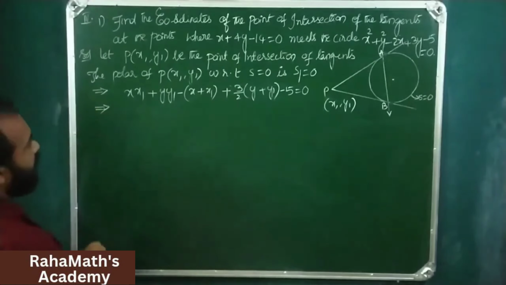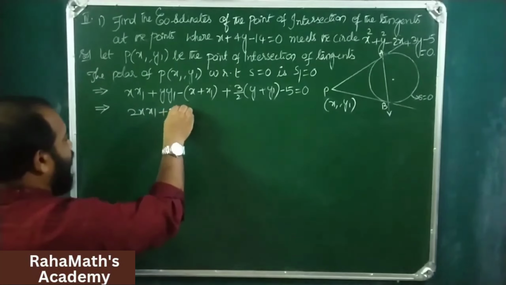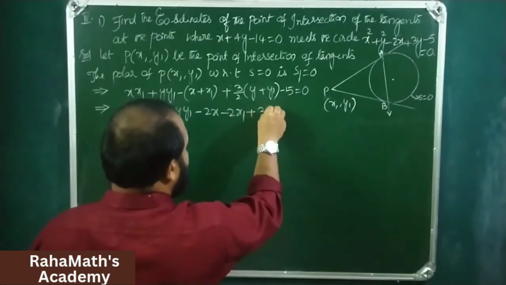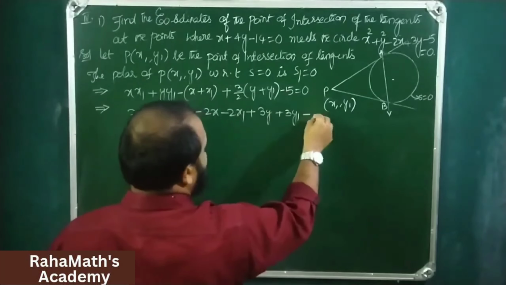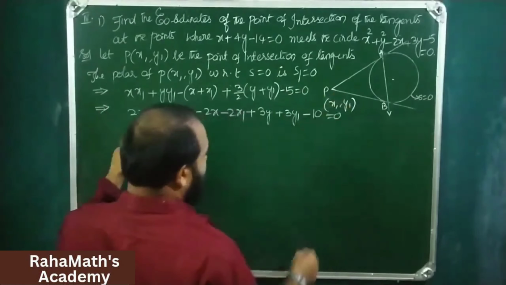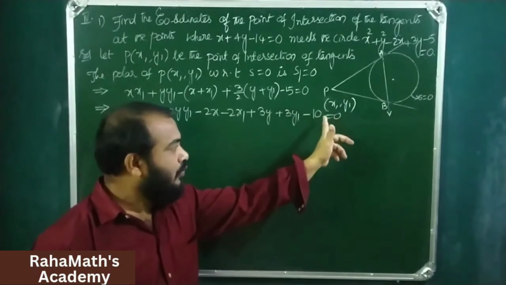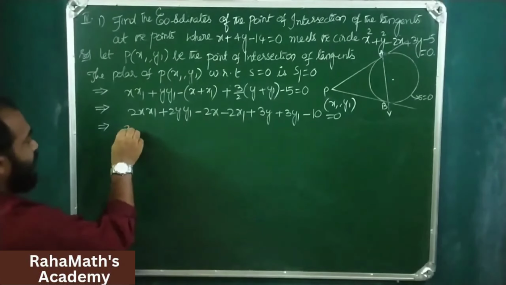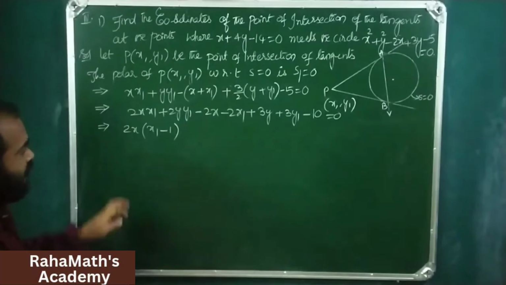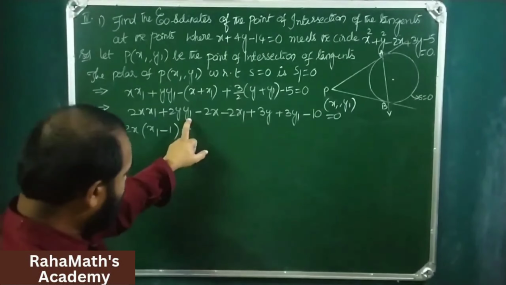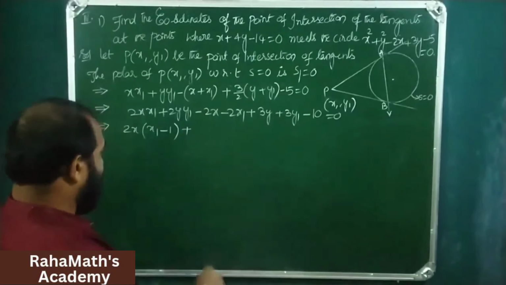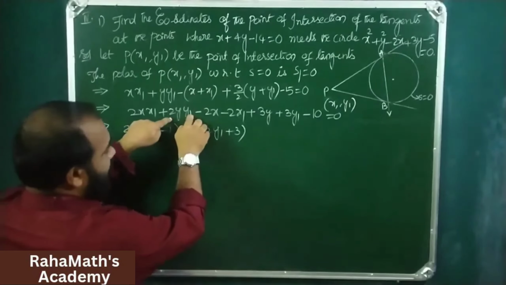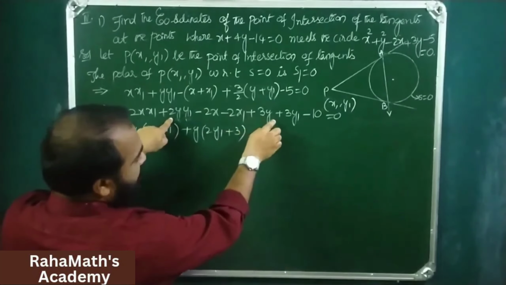Let us take an LCM. So 2xx1 plus 2yy1 minus 2x minus 2x1 plus 3y plus 3y1 minus 10 equals 0, since 5 times 2 is 10, and multiplying the 0 by 2 is still 0. Here, 2xx1 minus 2x, take 2x in common, then x1 minus 1 remains. In 2yy1 plus 3y, take y in common, then 2y1 plus 3 remains.